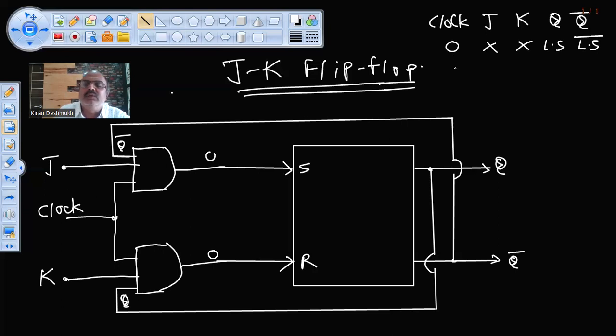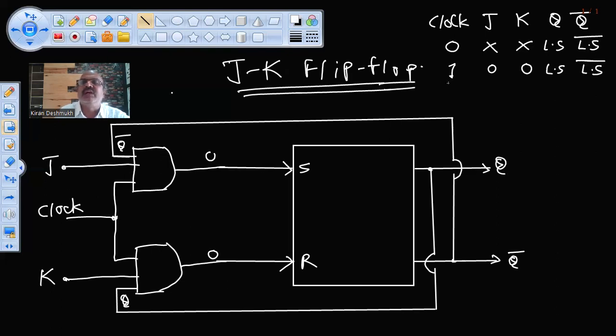Now, if the clock is 1, and if both J and K are 0, as we know, if both the inputs are 0, the output of the AND gates will be 0. It will remain in the last state.